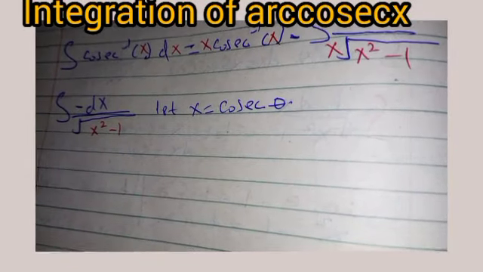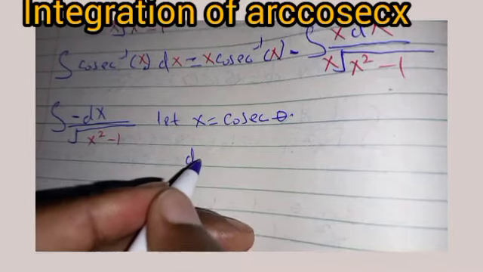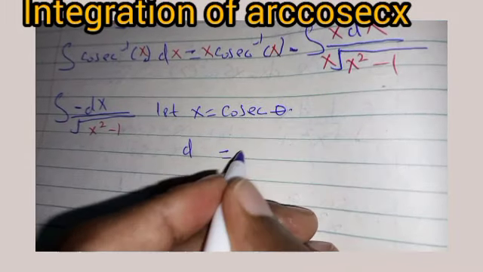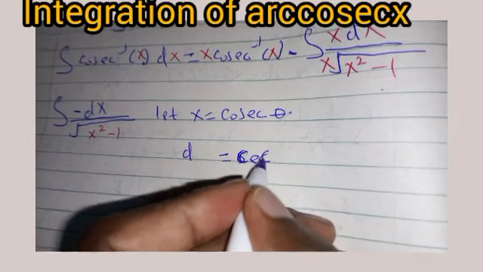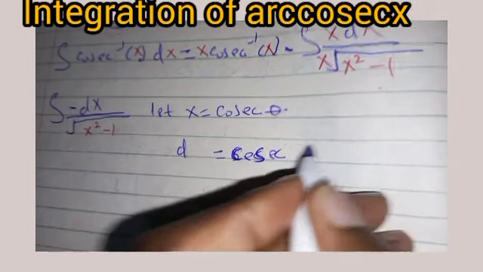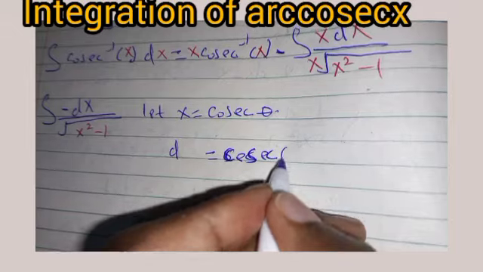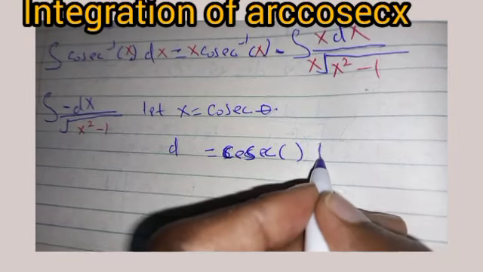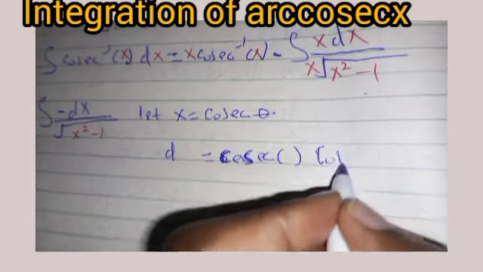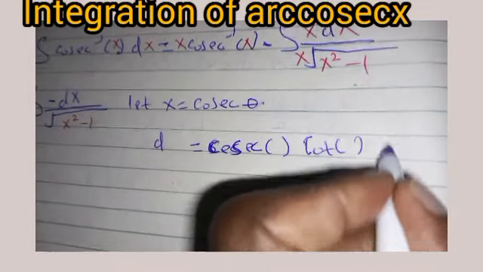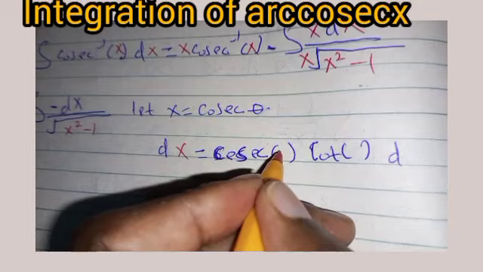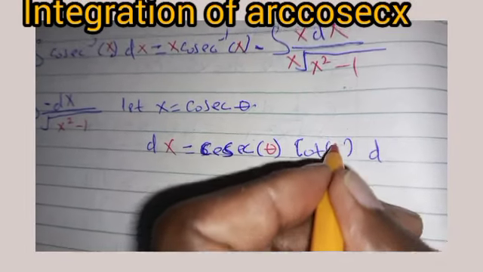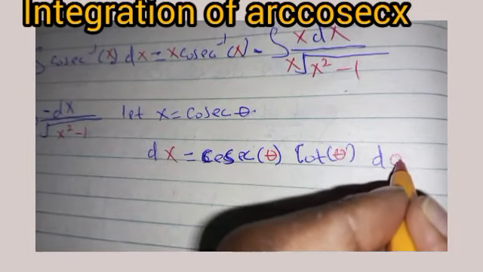Then you get dx on both sides: dx is equal to negative cosec of theta multiplied by cot of theta d theta.